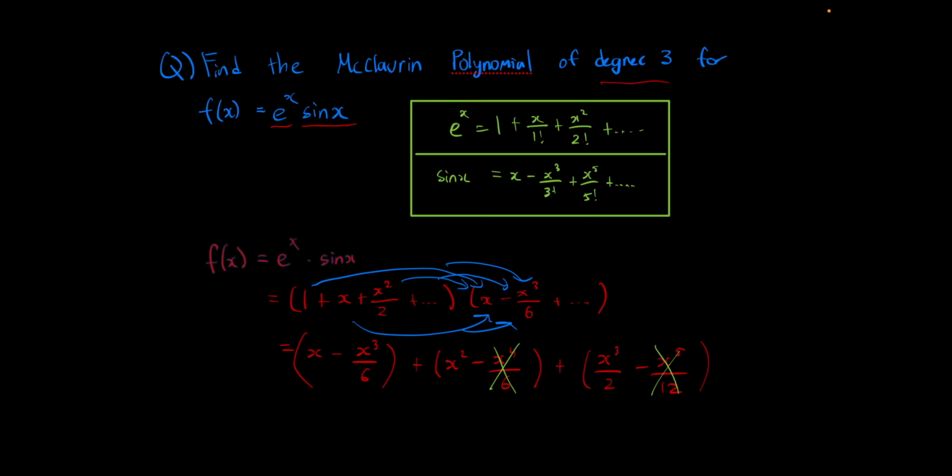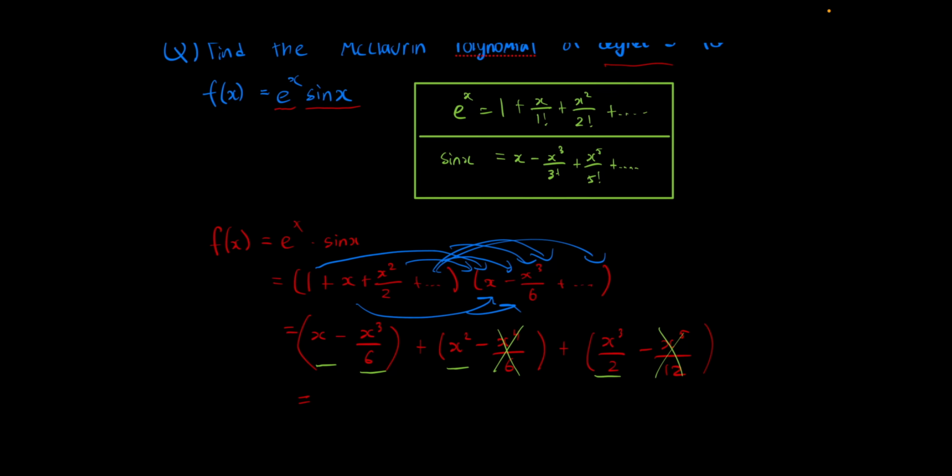And also keep in mind that if we continued to expand the next terms on and on, because the series essentially never ends, we would continue to get terms that exceed the degree of 3. So we also don't have to consider that. And now we are very happy because these are the only terms that are less than or equal to 3.